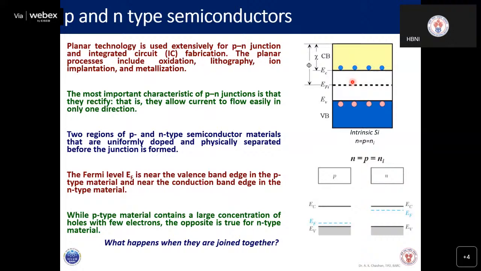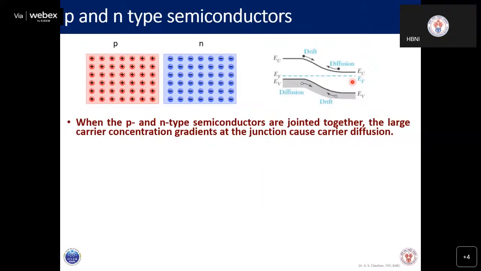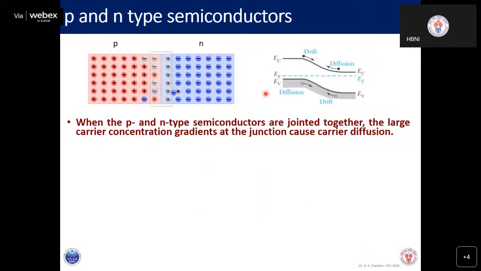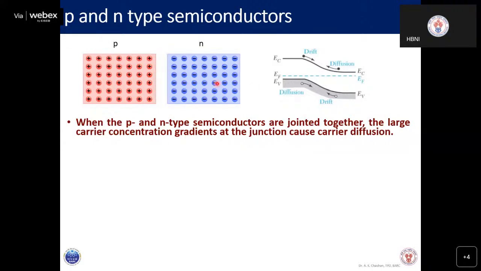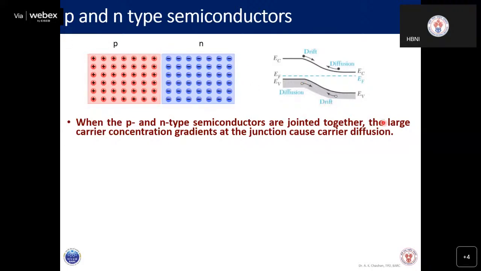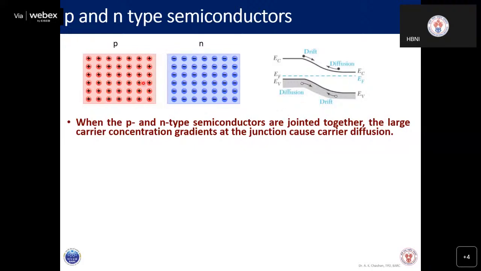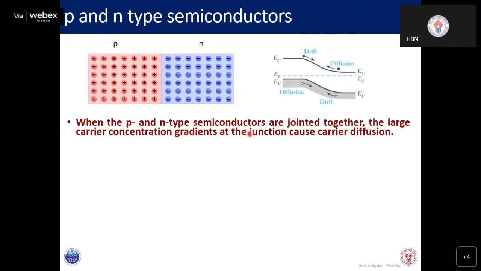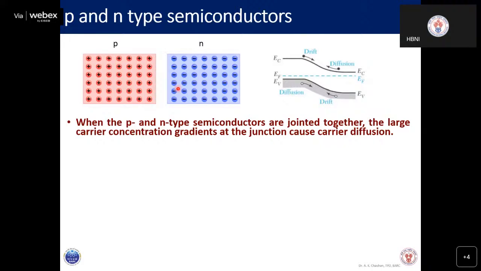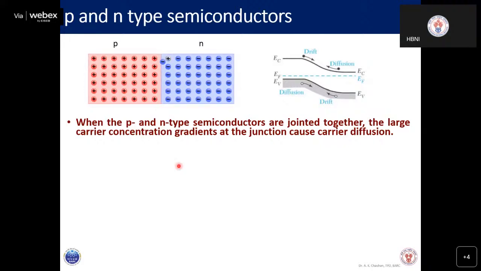Now when we join them, let us just see this animation. So we have P-type material, we have N-type material. When you join them, the electrons will move and try to neutralize the holes. Over a certain period of time, a region is created where there are no free carriers.